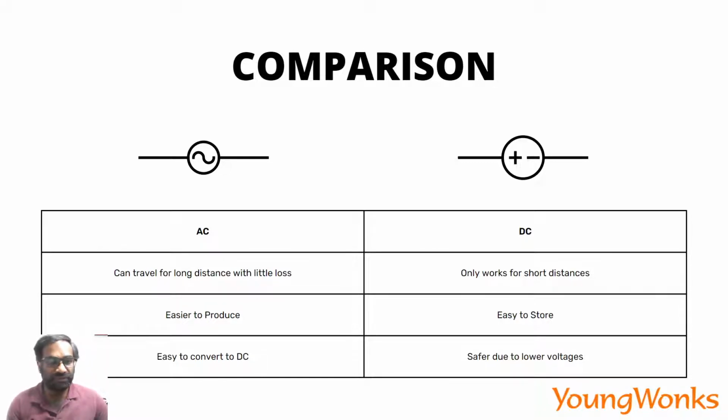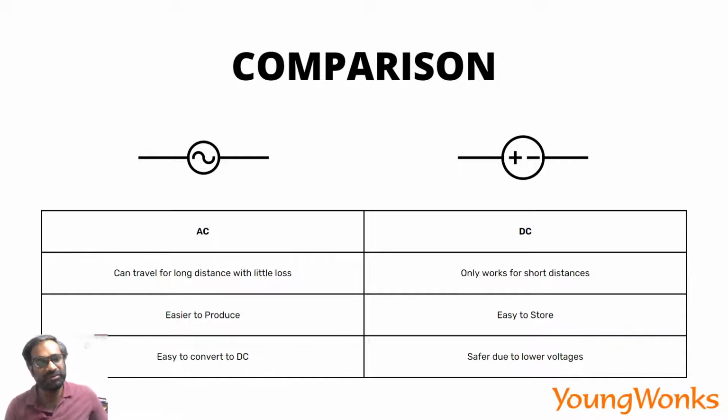AC is useful. For example, you might have seen these big towers that the electrical lines come through and the poles on your street. AC allows power to be generated in one corner of the city or the state and then be transmitted over multiple distances over high voltages.